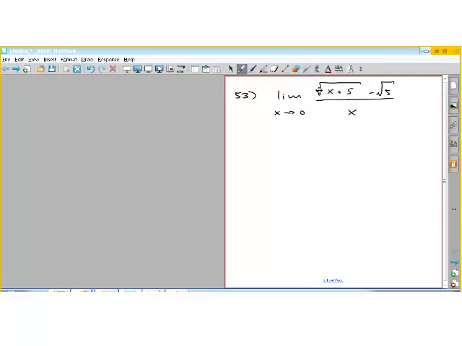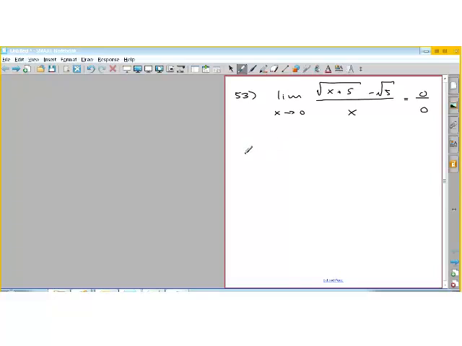So if you plug 0 in, you'll get 0 plus 5, which is 5. So you get the square root of 5, subtract the square root of 5. That gives you 0, and you get 0 in the denominator. So it is indeterminate. Therefore, we can use the rationalization.